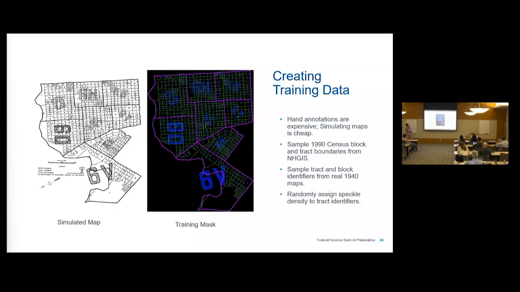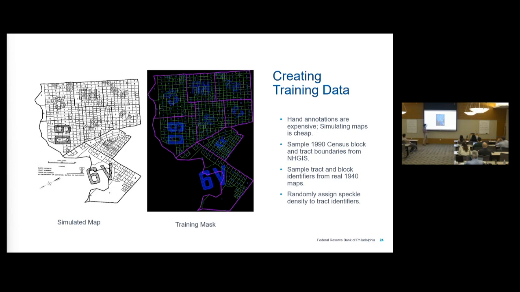So let me show you some of the preliminary results that we've had so far. One of the problems here is how do you create training data? We don't have existing block shape files. So the solution that we've had some success with is simulating training data. This gets around the problem of hand annotations being relatively expensive.